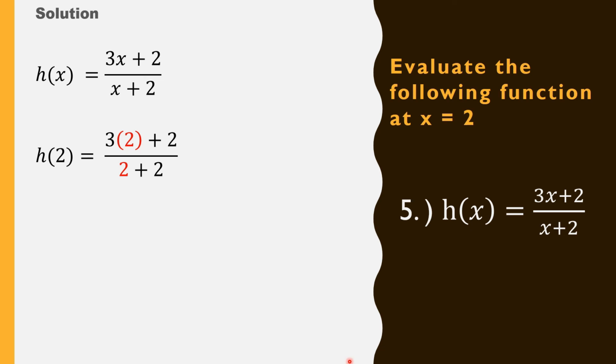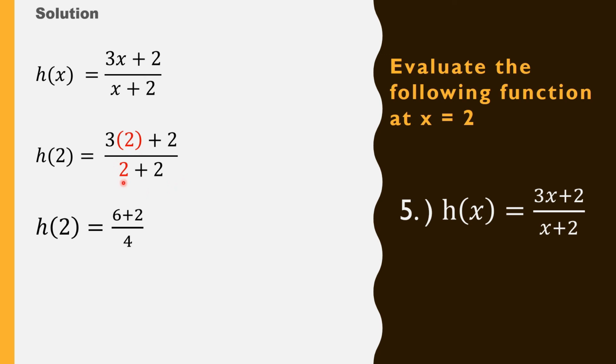So, h of 2 equals, you copy 3, okay, and then substitute x with 2. You copy plus 2. For the denominator, you have 2 plus 2. Then simplify. So we have h of 2 equals 3 times 2 is 6.